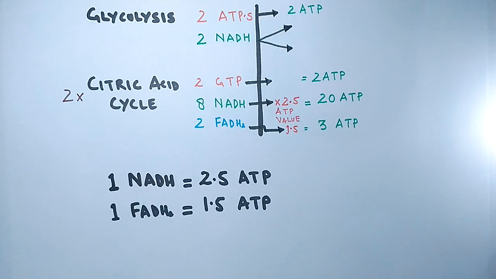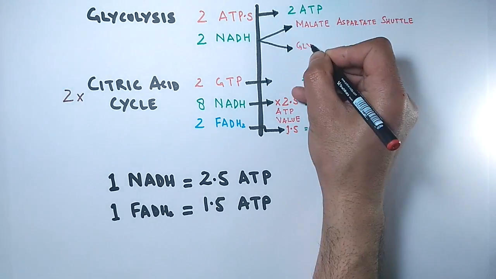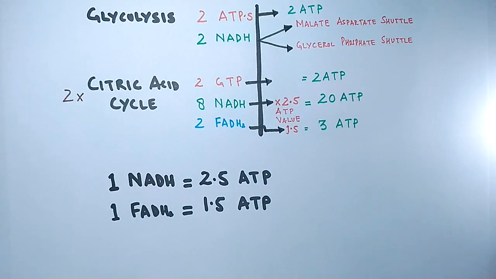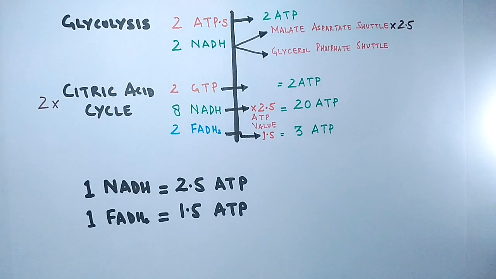Here we see 2 different shuttle mechanisms present to carry electrons from the NADH molecule to the electron transport chain for oxidative phosphorylation. We have the malate aspartate shuttle and the glycerol phosphate shuttle. Now what's the difference? If electrons from NADH are delivered via the malate shuttle, then the 2.5 value remains the same: 1 NADH will yield 2.5 ATPs, because in this shuttle NADH is regenerated in the matrix of mitochondria.